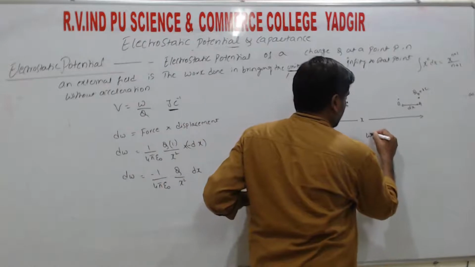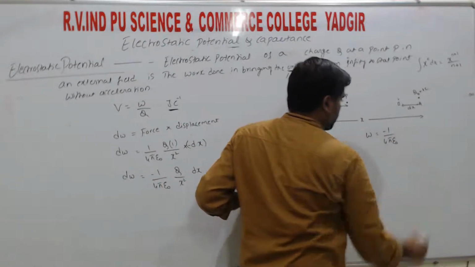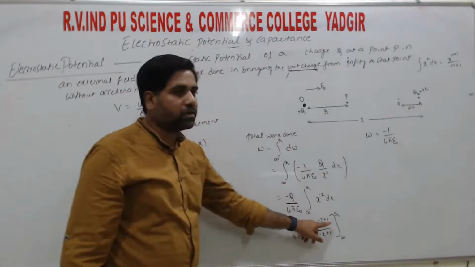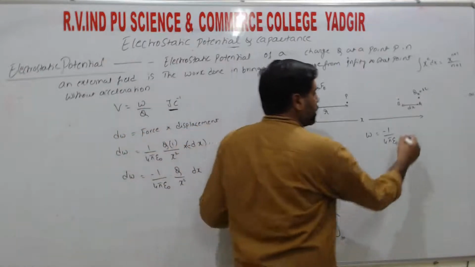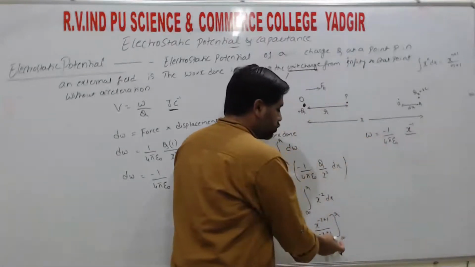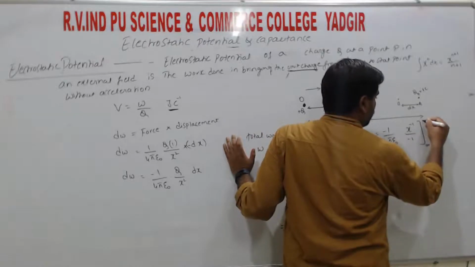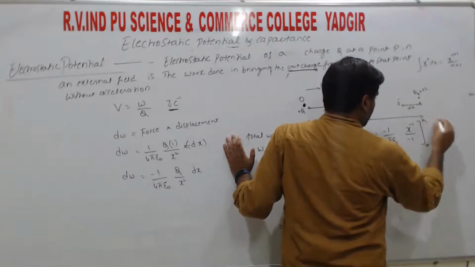So again here work done is equal to minus 1 divided by 4 pi epsilon naught into x to the power of minus 2 plus 1, we get x power minus 1 divided by minus 2 plus 1, we get minus 1, so infinity to r, right?